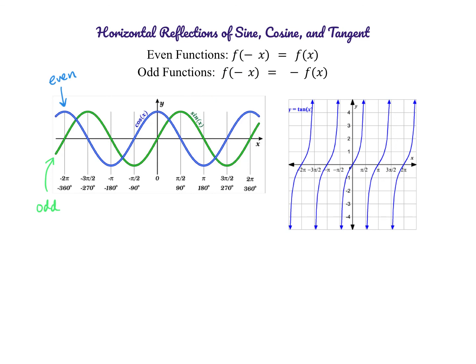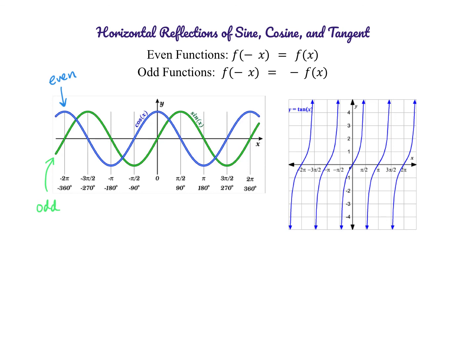And then for our sine graph, which again is an odd function, if you ever saw that horizontal reflection, we could actually just put a negative out front because it would have the same effect on our graph. So remember, a negative x value gives us a negative y value.